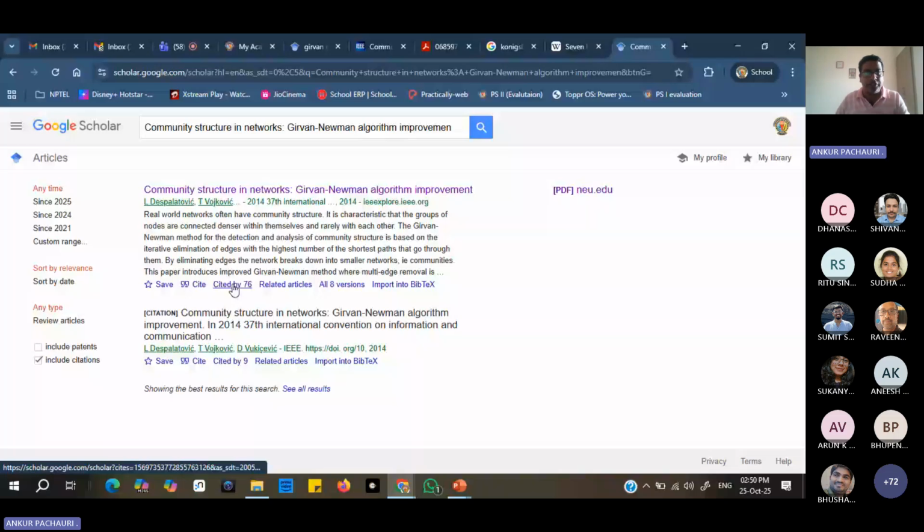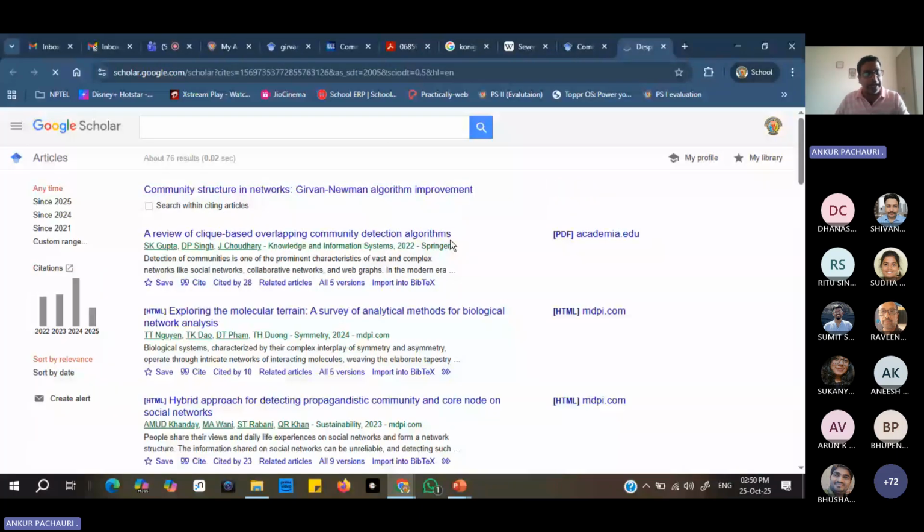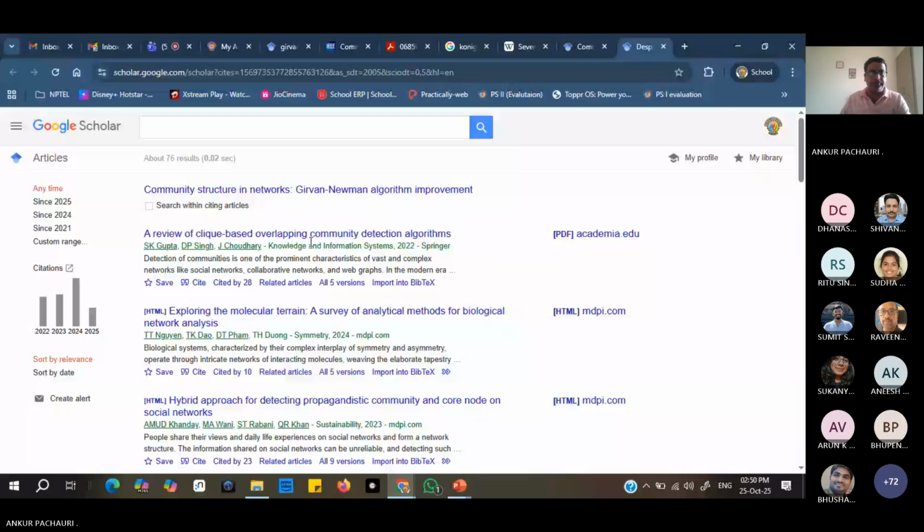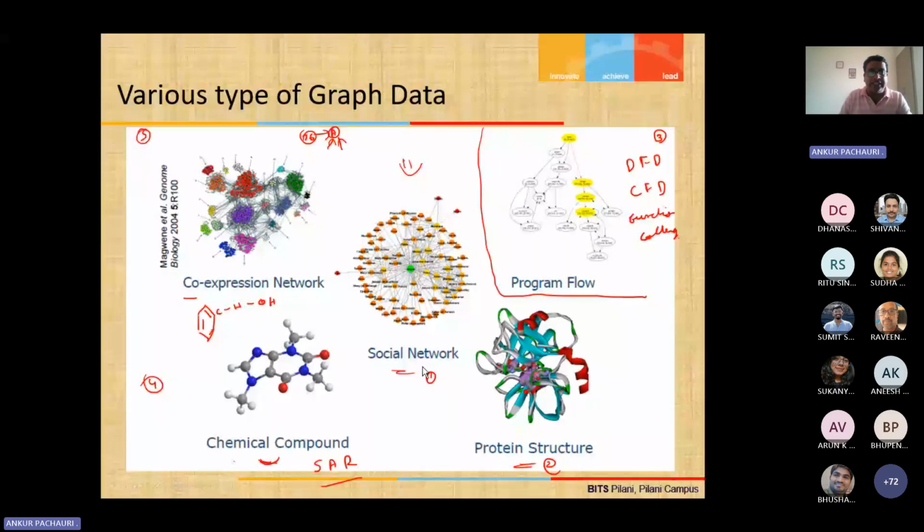This paper was published in 2014, so all the other research papers came after 2014. These are all the papers that referred to, that cited this paper. Some are 2022, some 2023, 2024, some 2025. So he was followed by 76 different papers.